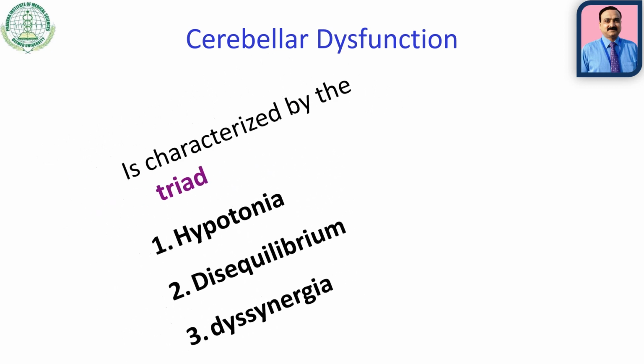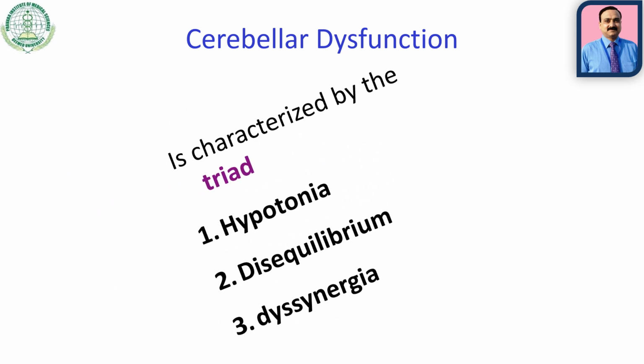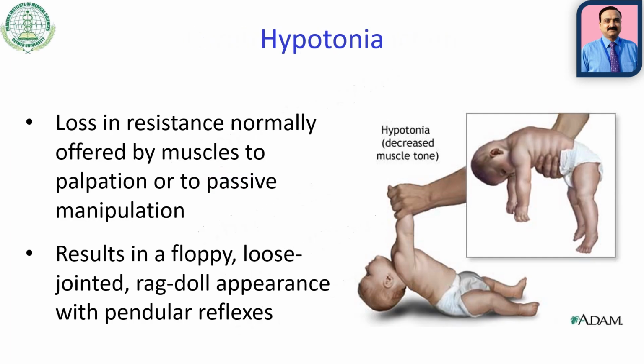The cerebellar dysfunction is characterized by a triad, that is hypotonia, disequilibrium and dyssynergia. Hypotonia. What is hypotonia?